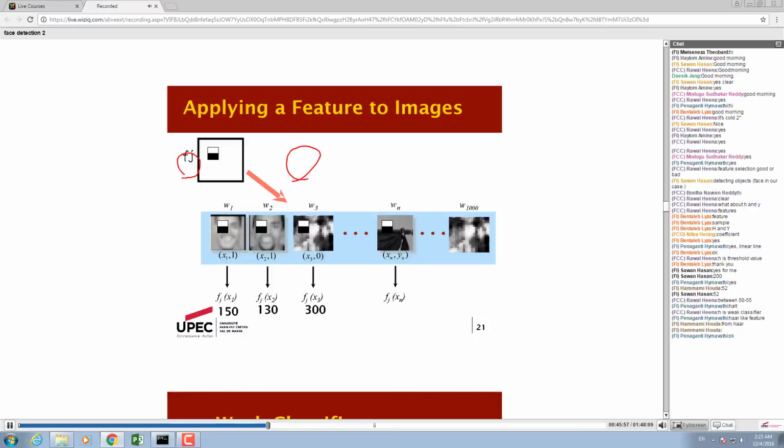When I apply fj to every sample, as you can see in this picture, sample 1 is x1. Again, x means every sample image. X is the image variable. Under every image you can see x1, 1, x2, 1, x3, 0.